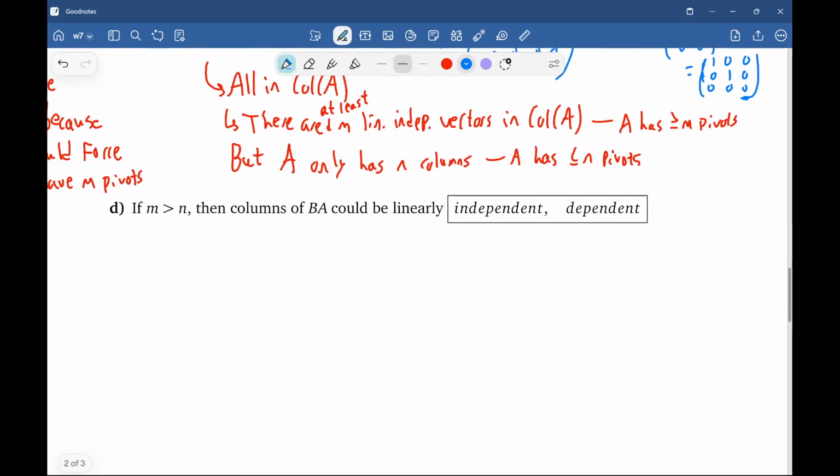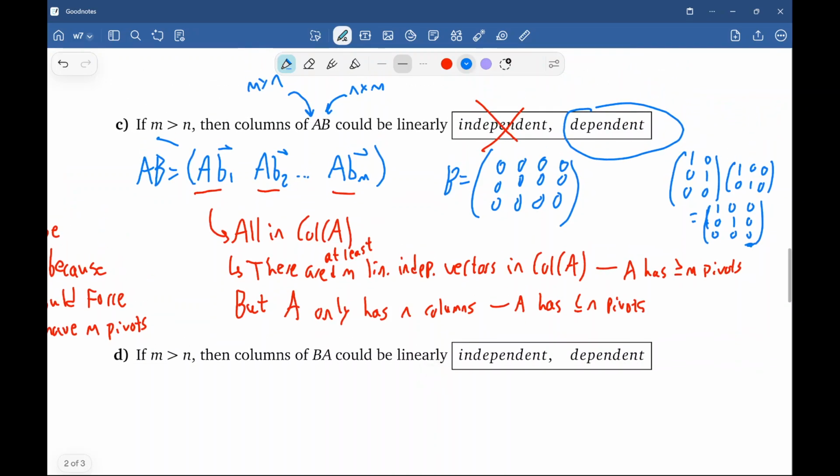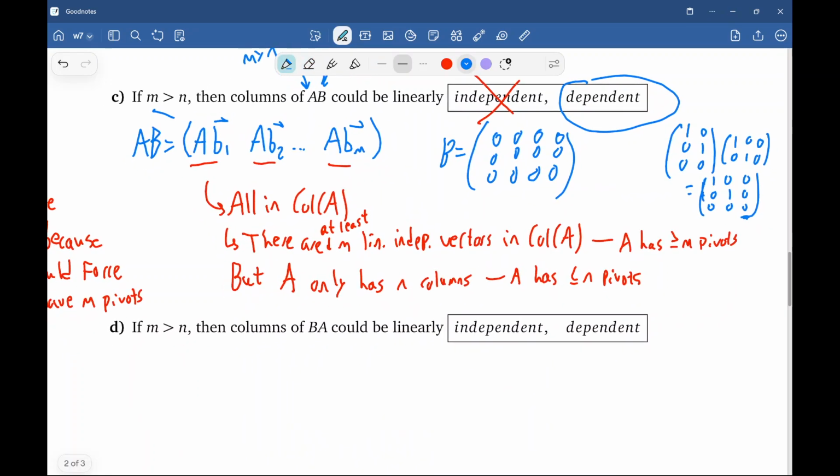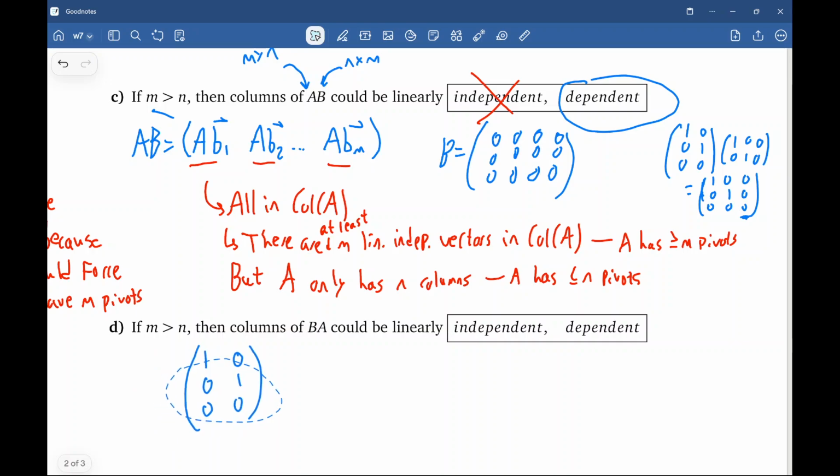So now we'll do the other way around. You might think that because the order is reversed, this will be reversed. But that is actually not true. So let me just take these matrices that I did up here. I said 1, 0, 0, 0, 1, 0. And I'm doing BA, so I have to move this over a bit.